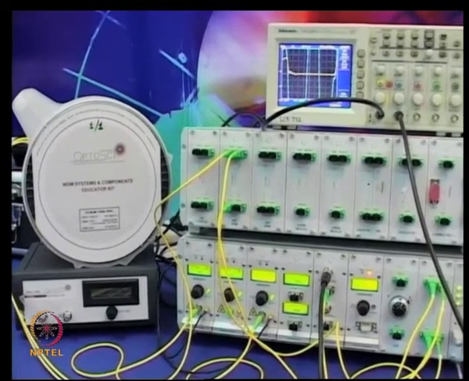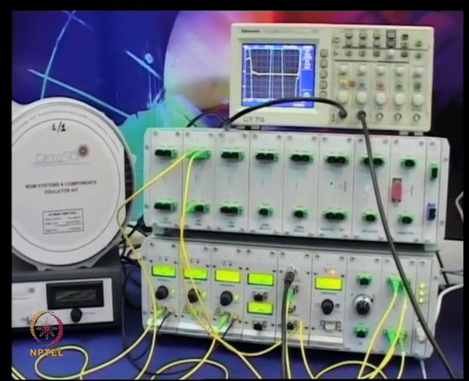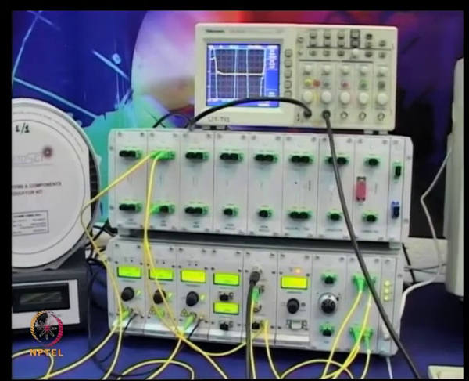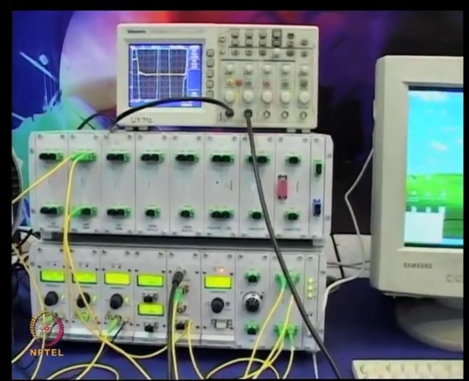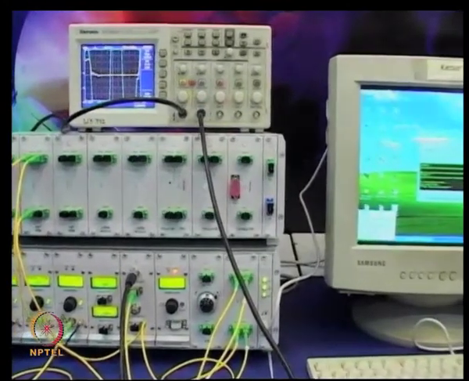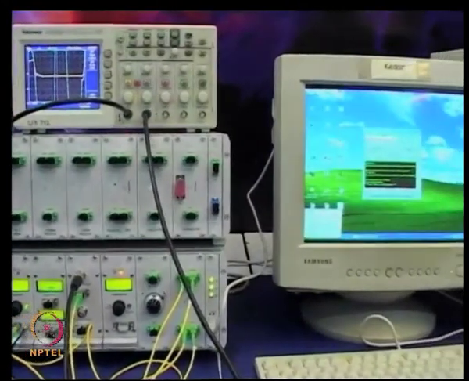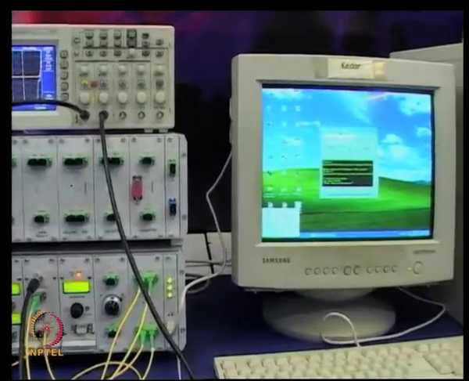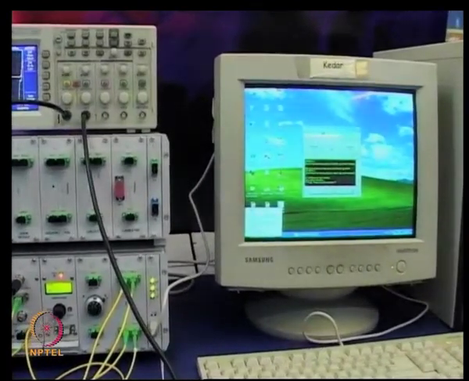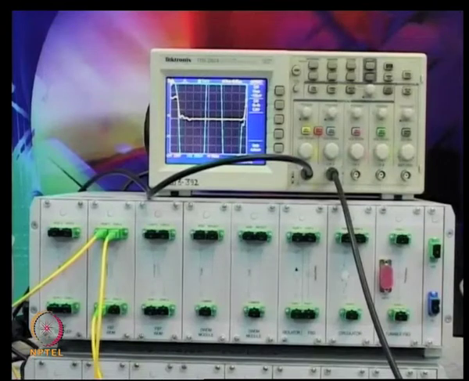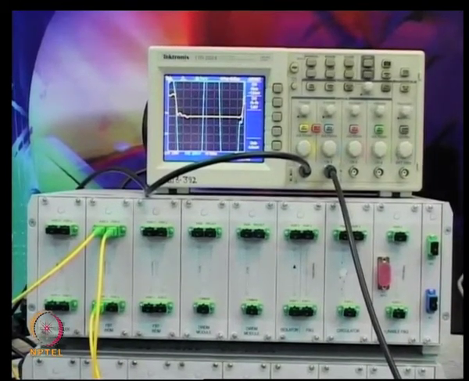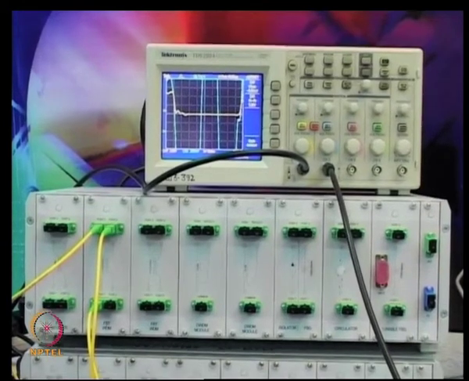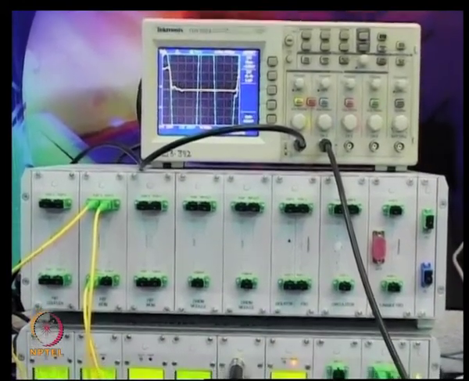This is the experimental setup. These are the various components on the kit.